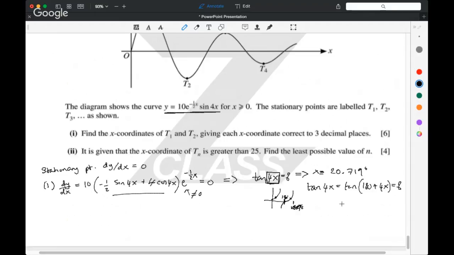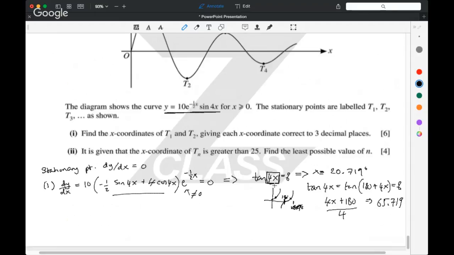So they'll both satisfy our equation. So 4x plus 180, divided by 4, is also a solution, and this is 65.719. So that gives us our first two.